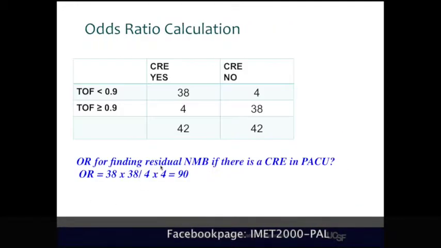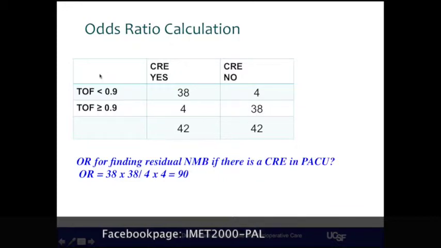And this was all done by looking at what we call train of 4 ratio measurements in all of these subjects, all 84, the cases and the controls. And what Murphy and his colleagues found was that these are the people who had normal neuromuscular function. 4 of these folks had critical respiratory events, and the remaining 38 did not.